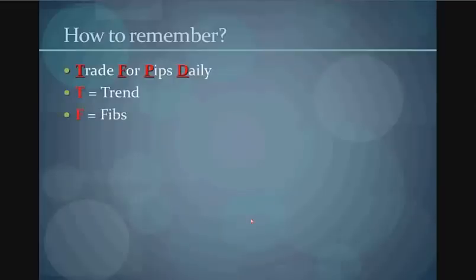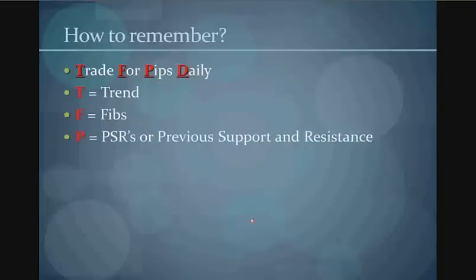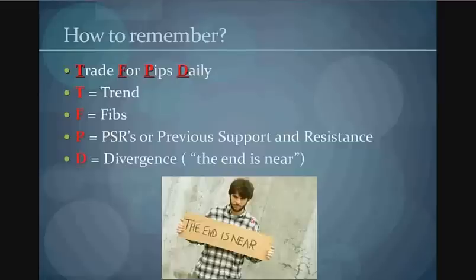F stands for the fibs, or the Fibonacci ratios, and the P stands for previous support or resistance, depending on the direction we're going. And then D stands for divergence, or the end is near. If we know those four things about a currency, then we have put the odds on our side.